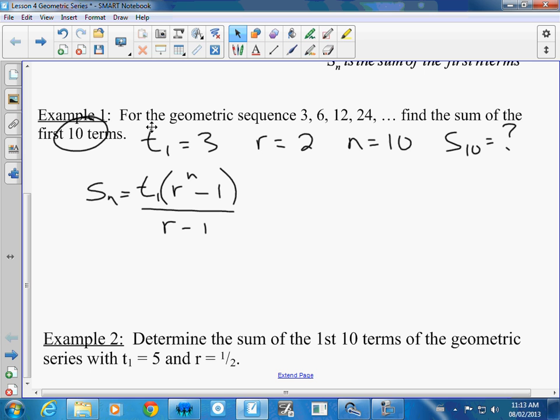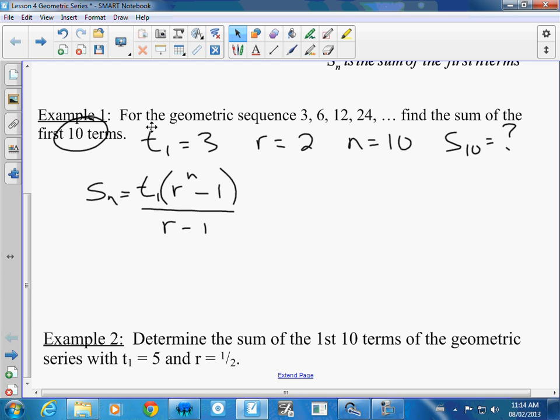Before we even put the numbers in there, I'm going to tell you the most common mistake that you're going to make. And will some of you make it? Yes, you will. Please note that is R to the power N, minus 1. Where is that minus 1? Is it with the N or with this whole power? The whole thing.